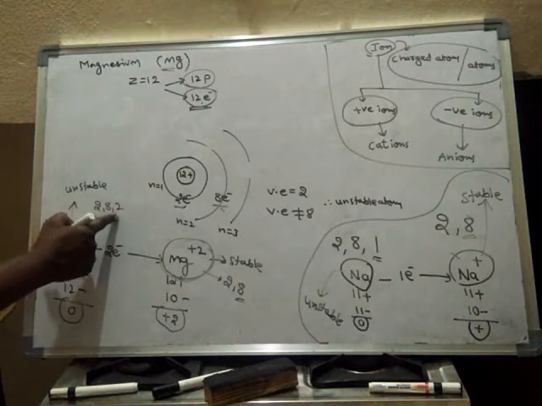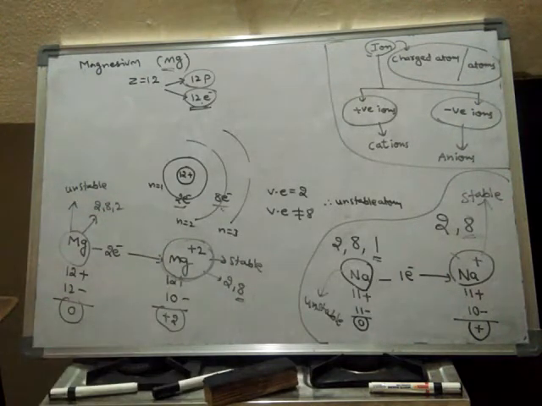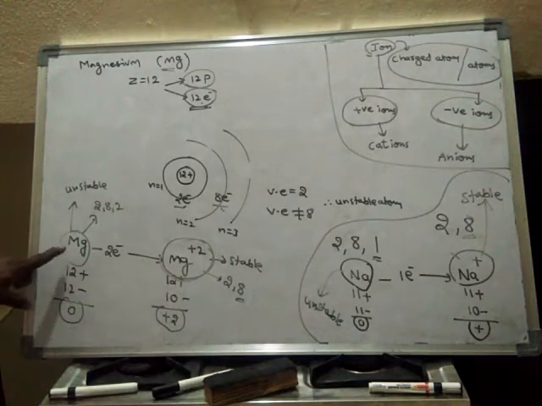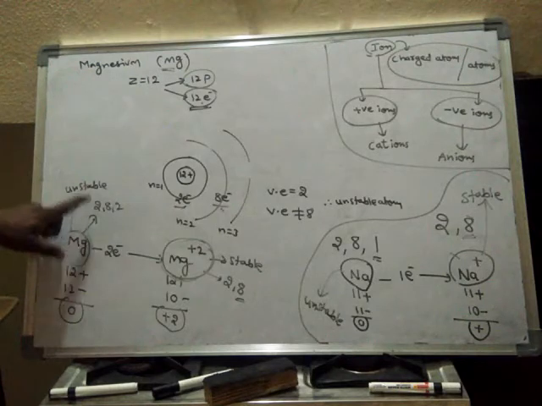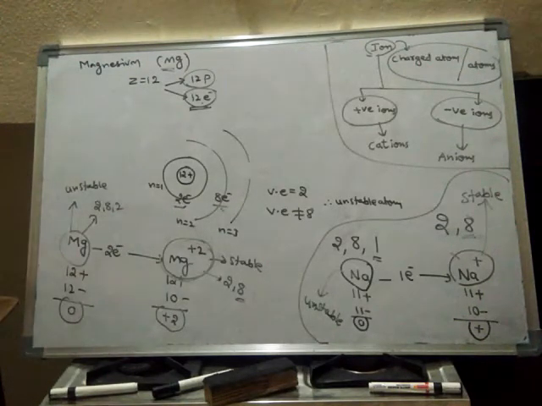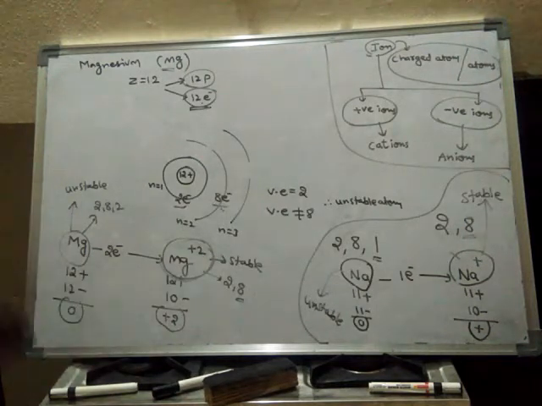After losing these 2 electrons, it will become like this. Hence it is stable because valence electrons are 8. Here it is unstable because valence electrons are not equal to 8. So magnesium will become stable after losing 2 electrons.